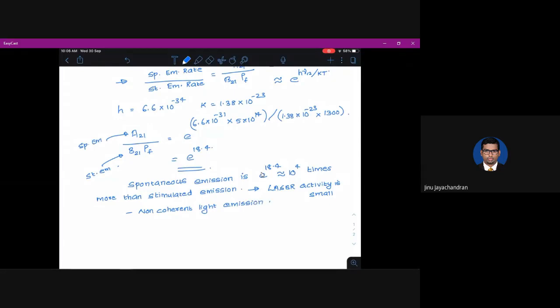So that is how, using Einstein's relations, we can find out whether you have a coherent light emission or laser activity.